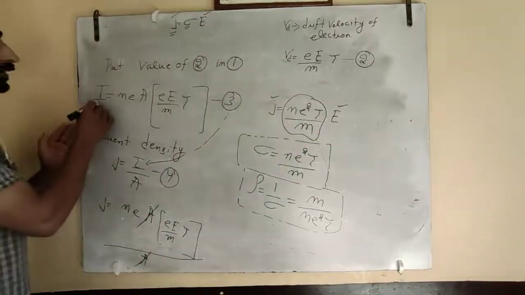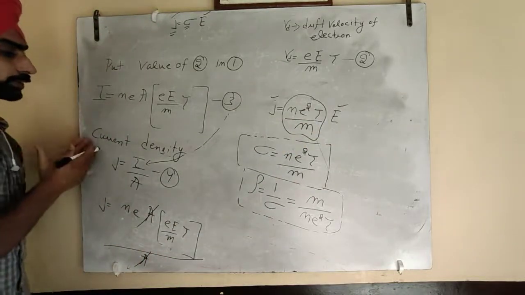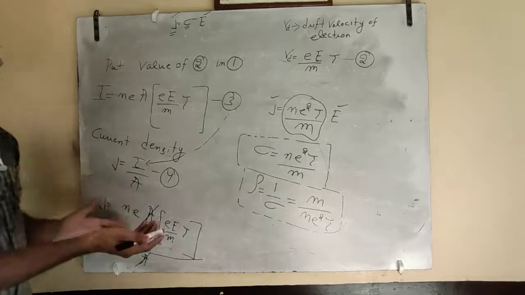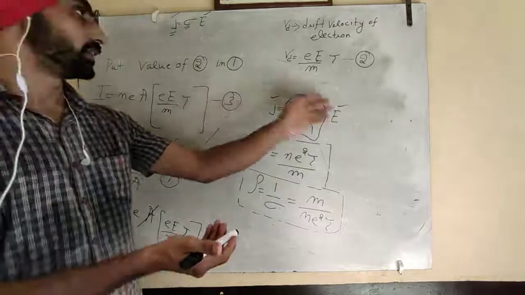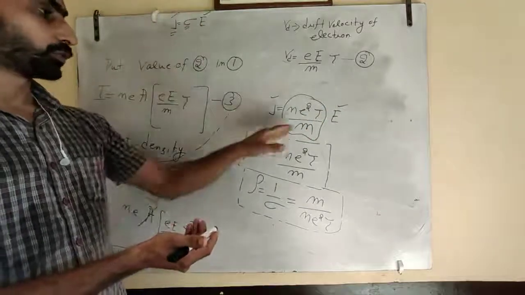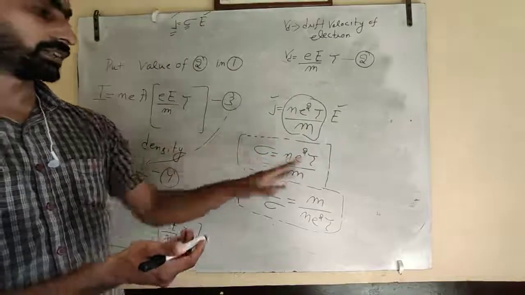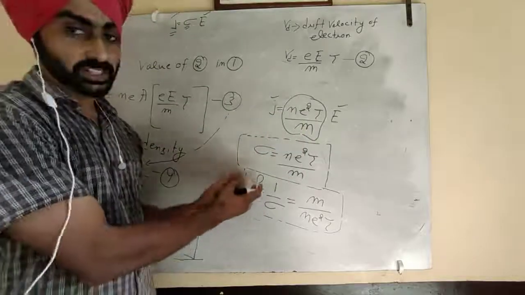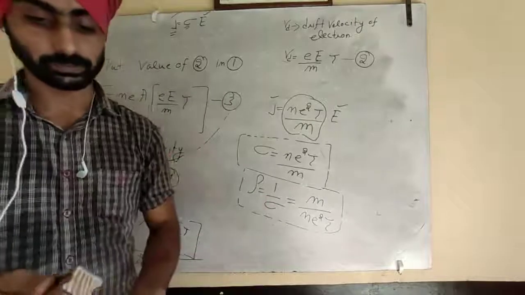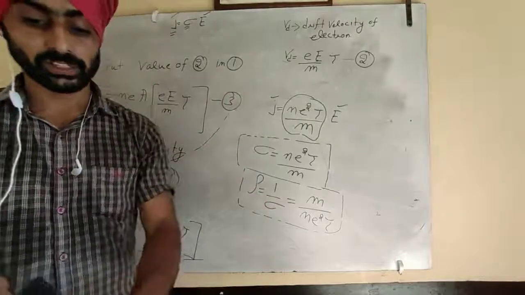We then got the value of current density. Area cancels with area, so J = this into E. This relation is similar to that relation, so this equals sigma. Sigma is this, and resistivity is equal to 1 upon conductivity. So this is done. This is our first topic today.